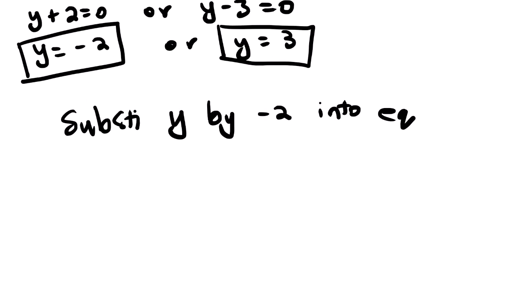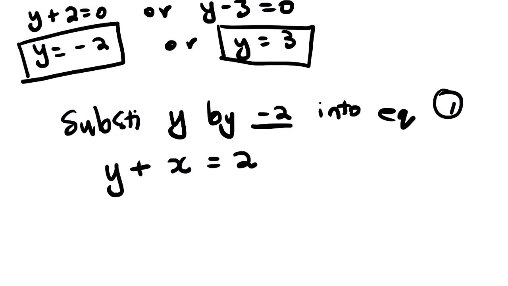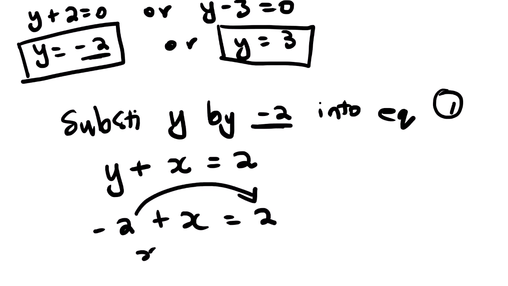It might be equation 1. So our equation 1 is actually this one. Where we see y, we are going to substitute by -2, one of our solutions. So we have -2 plus x is equals to 2. Transpose it to the other side, we have x is equals to 2 plus 2, x is equals to 4.